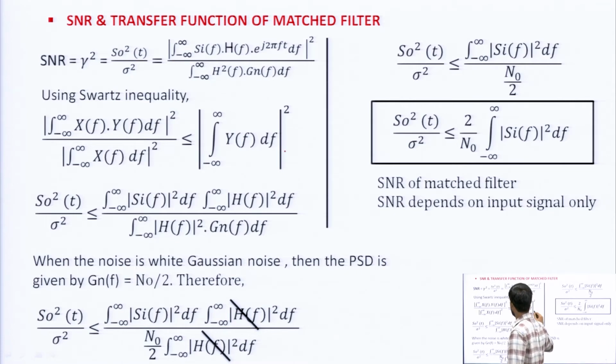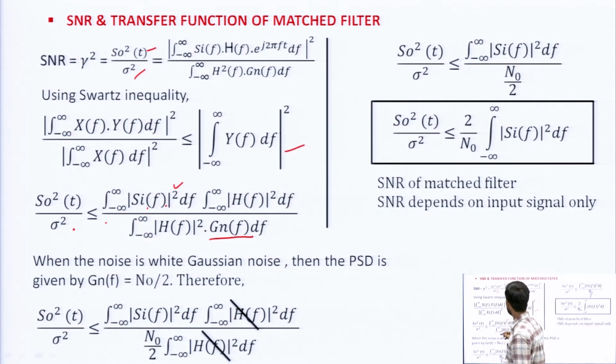So s naught square of t divided by sigma square is bounded by the integration of the magnitude squared of psi of f df, multiplied by the integration of the magnitude squared of h of f df, divided by the integration of the magnitude squared of h of f multiplied by Gn of f df.